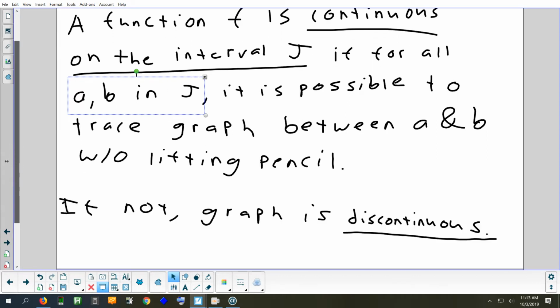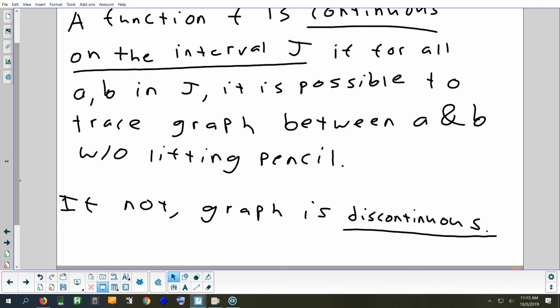If a graph isn't continuous, then we just say it is discontinuous. And there's all kinds of graphs that are discontinuous. I showed you 2 so far today. Usually if you have a graph where it would cause you to divide by 0, that's what we call a discontinuity. It's a place where you would have to pick up your pencil and continue drawing somewhere else.